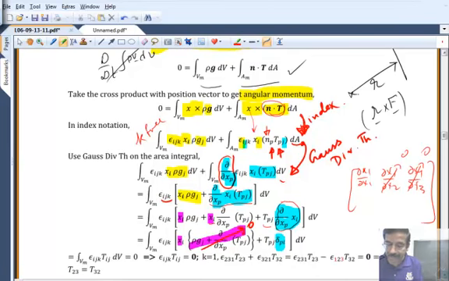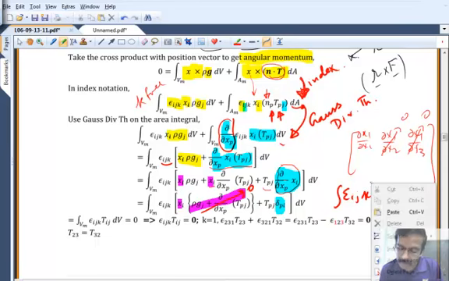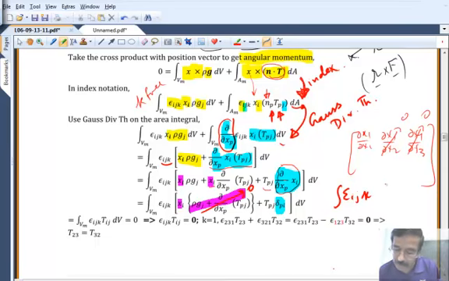So all I have is the integral of epsilon ijk tij dV equal to 0. Because when I contract this dpj delta pi, what would that be?